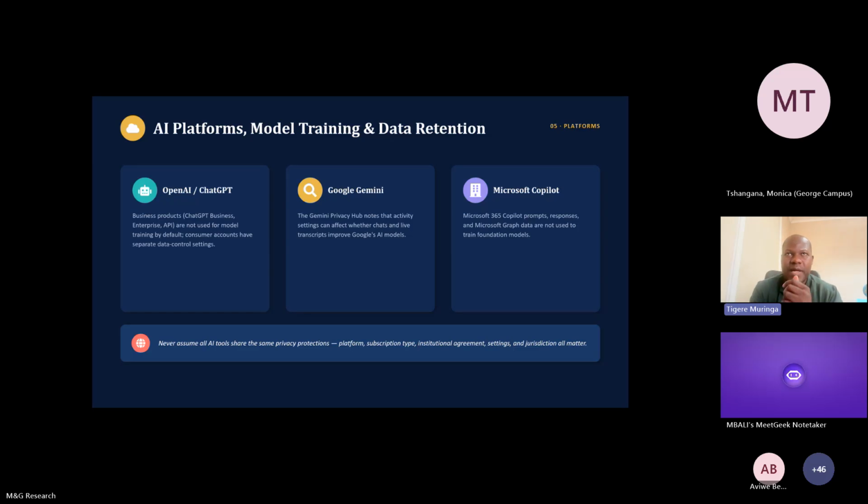For example, I will tell you that AI platforms, in terms of model training and data retention, such as OpenAI and ChatGPT, actually differ a great deal in how they treat user prompts, uploaded files, chat histories, business accounts, and enterprise accounts versus consumer accounts, right? I'll give you an example of OpenAI.